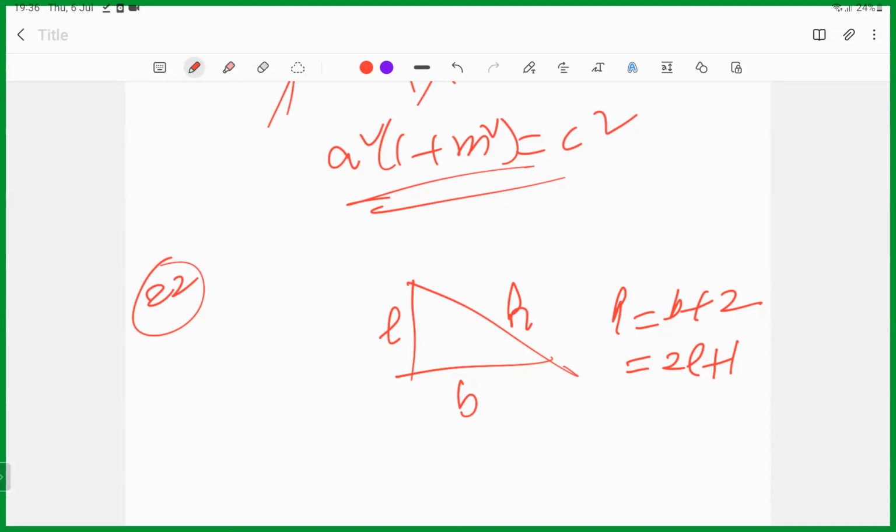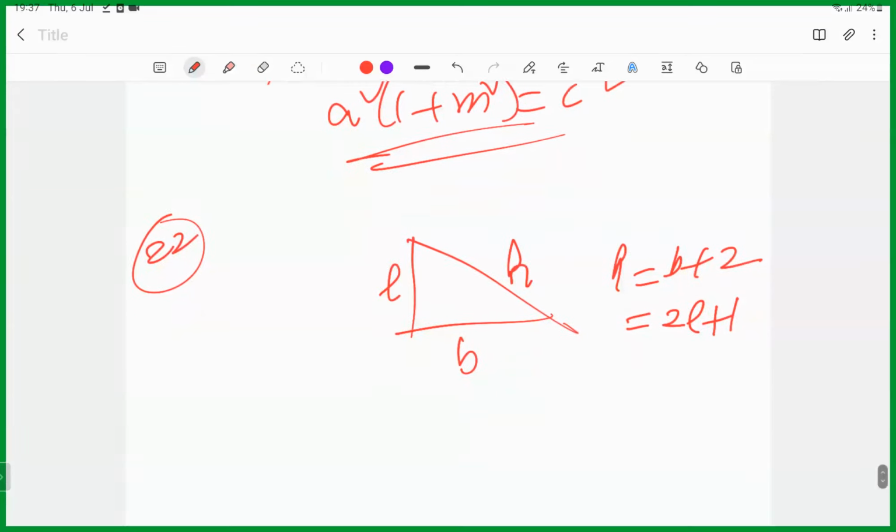Yeah, that's what they are doing. Okay. So you understood now, Princey? Did you understand these equations? So h is equal to b plus 2, other is 2L plus 1.